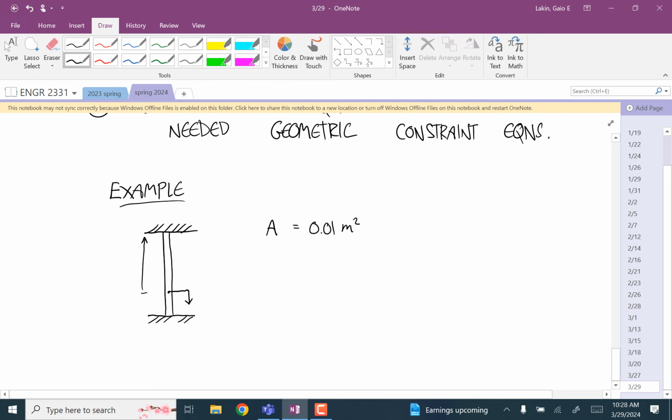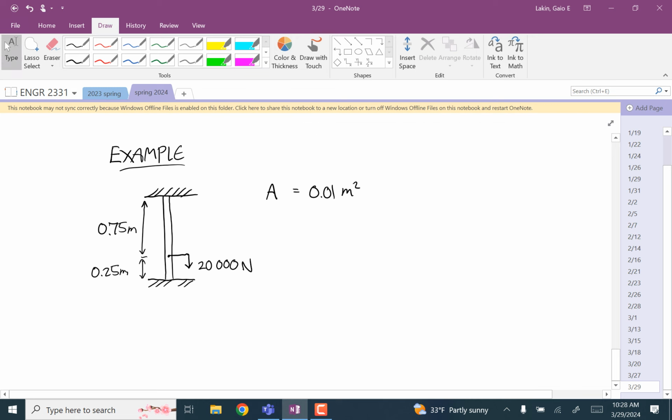Let's say this distance is 3/4 of a meter, and this is 1/4 of a meter. And you apply this downward force of 20,000 newtons at that location. And we want to know what are the reactions at the floor and the ceiling.